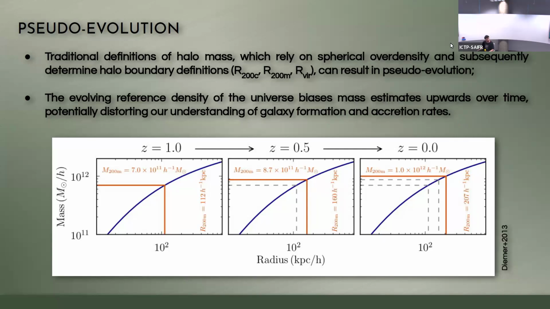This implies a pseudo evolution of the radius of the cluster by this definition of R200. So the R200 increases because the average density of the universe decreases, so it takes more radius to get to 200 times the average density. That's what you call pseudo evolution.